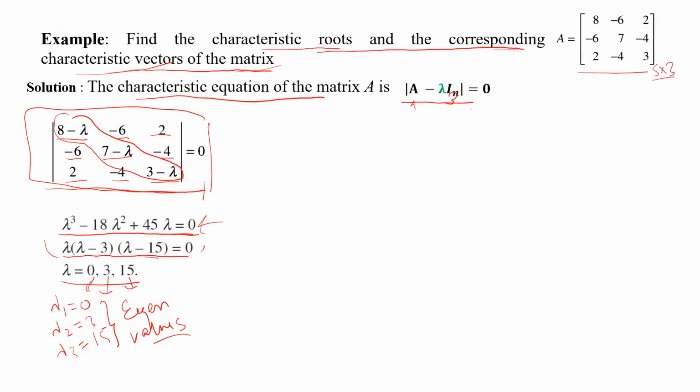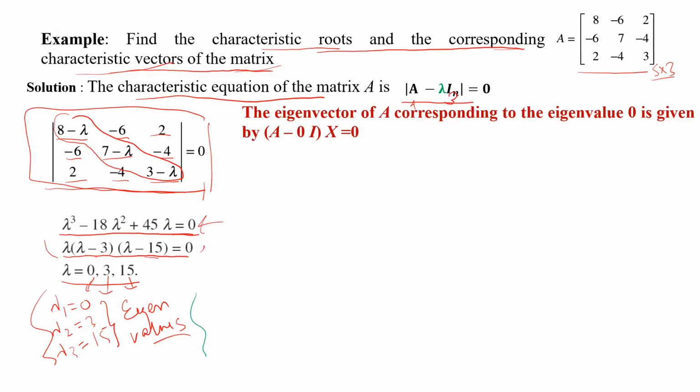Now we find the eigenvectors corresponding to these eigenvalues. First we find the eigenvector corresponding to the eigenvalue 0, which is given by A minus 0 I times x equal to 0.